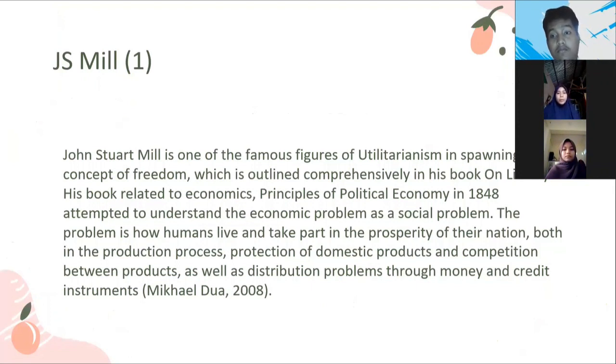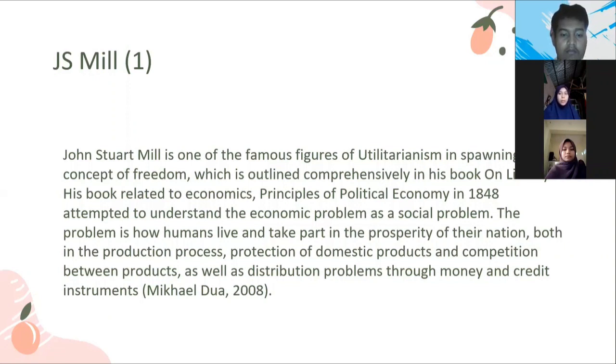John Stuart Mill is one of the famous utilitarian figures who gave rise to the concept of freedom, which is described extensively in his book On Liberty. His book, Principles of Political Economy, attempts to understand the economic problem as a social problem.